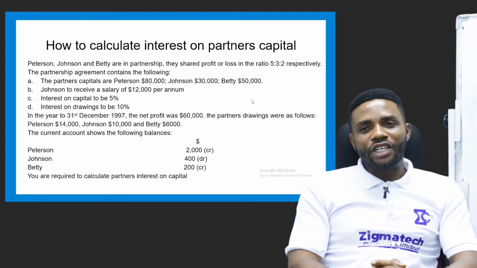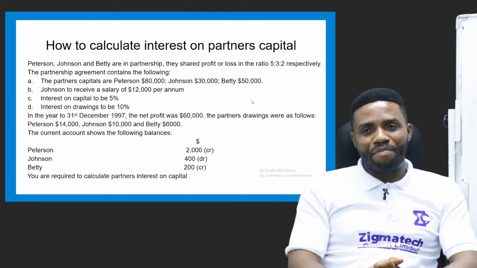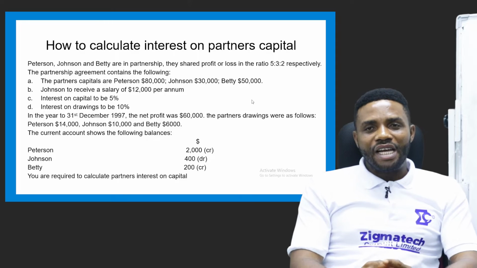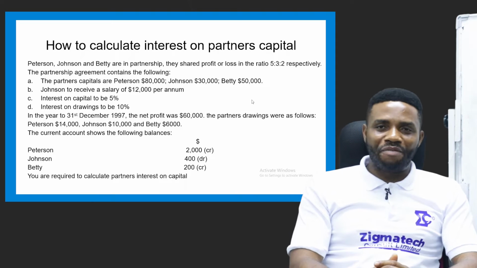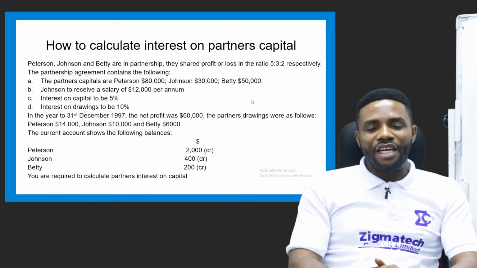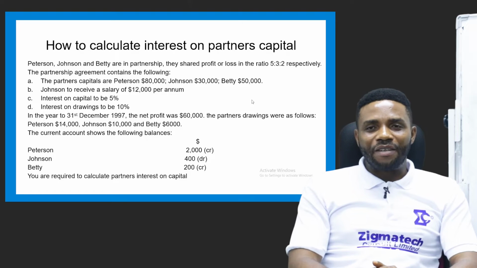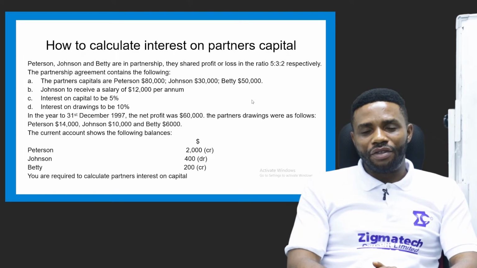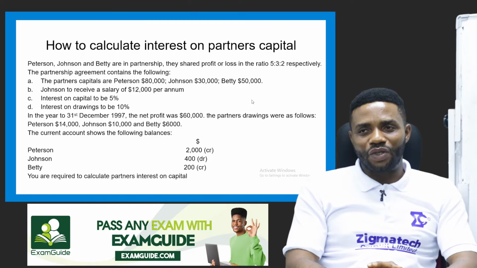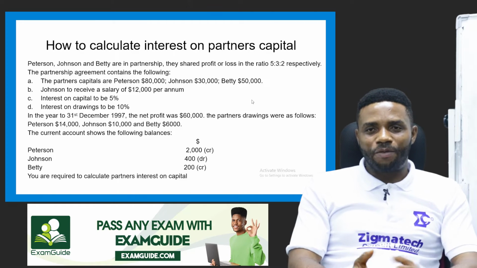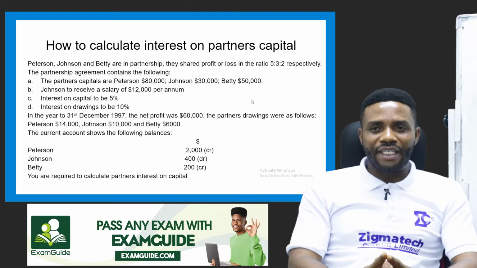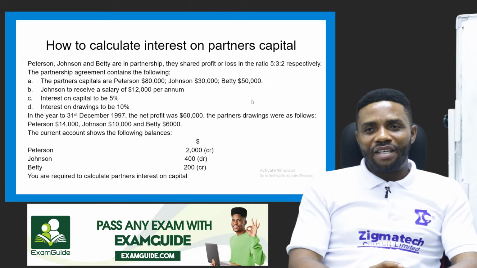B, Johnson to receive a salary of $12,000 per annum. C, interest on capital to be 5%. D, interest on drawings to be 10%. In the year to 31st December 1997, the net profit was $60,000. The partners' drawings were as follows: Peterson, $14,000, Johnson, $10,000, and Betty, $6,000.